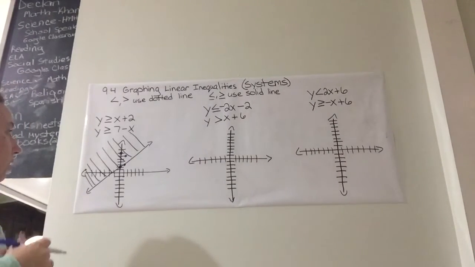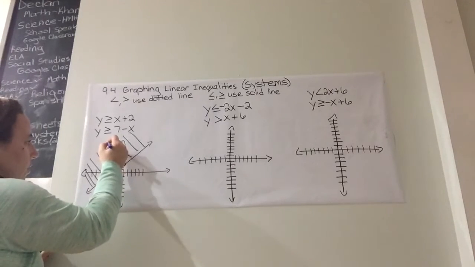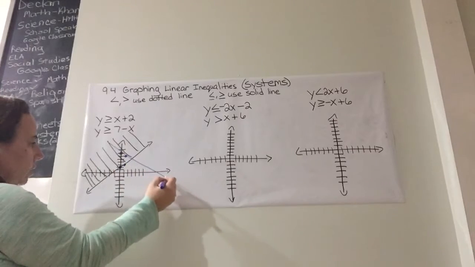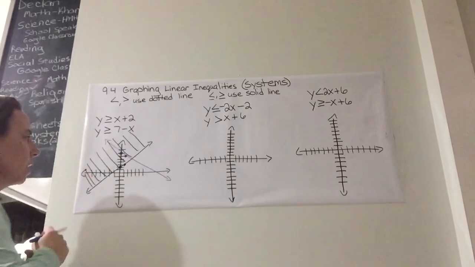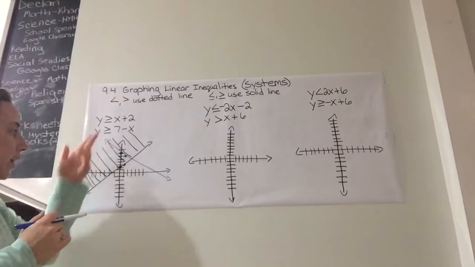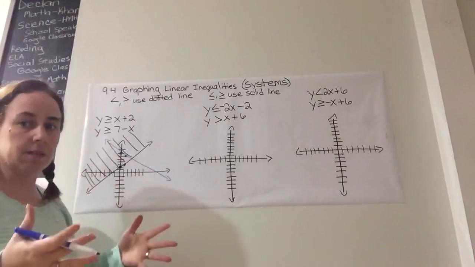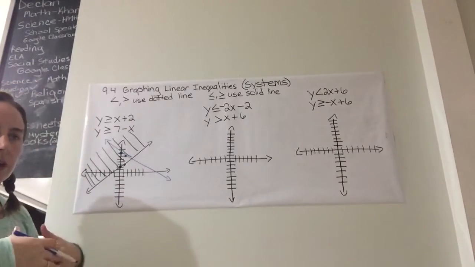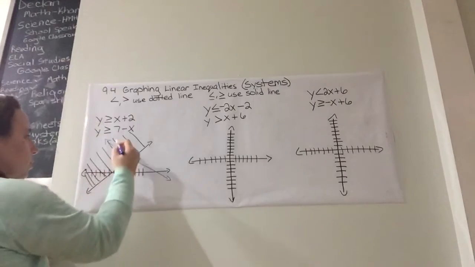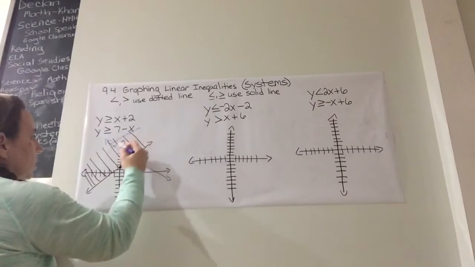It's greater than or equal to, so I draw a solid line. And again, notice how I go all the way through. Now, it's greater than, so am I shading above or below the line? Greater, above. So I'm going to do those lines again. See, like this.